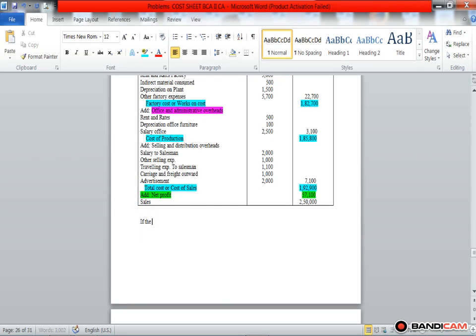If the total cost or cost of sales is more than the sales, then the industry incurred a net loss.